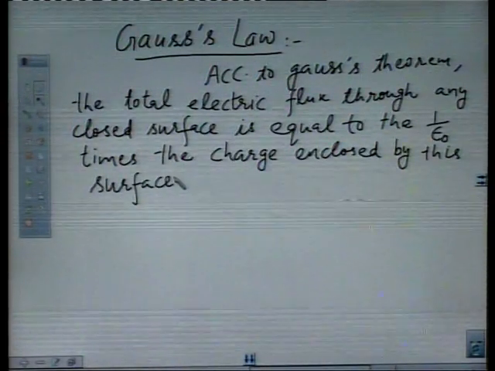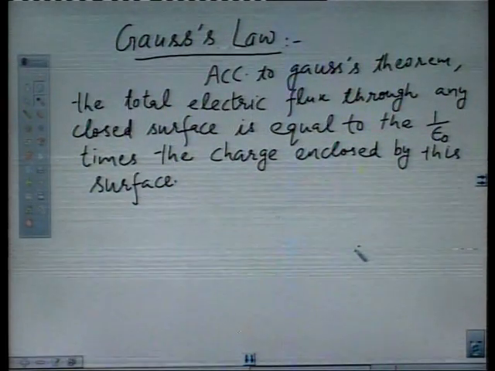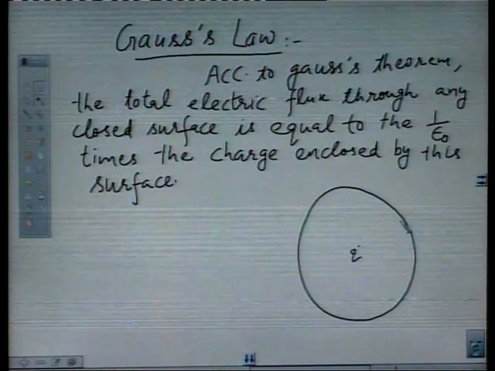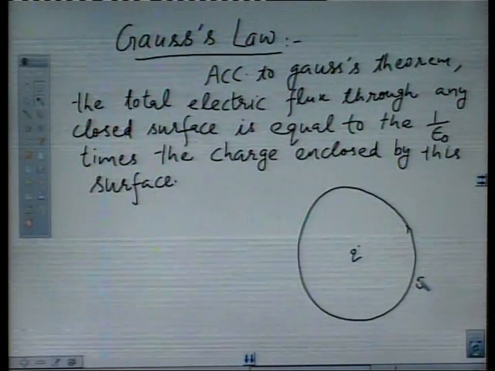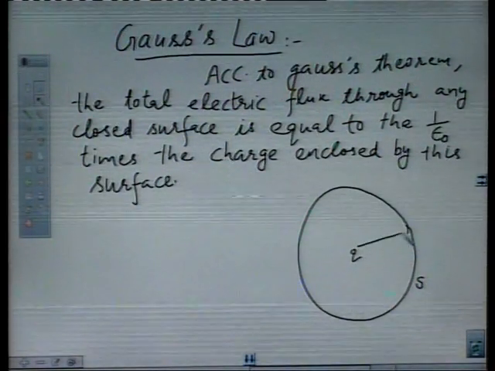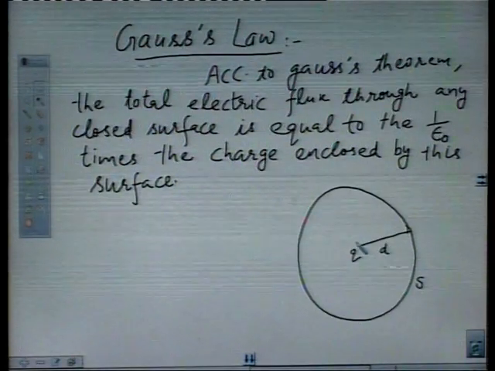Now, let us explain this. Suppose we have a charge q which is enclosed in a given surface whose surface area is S and its radius is, let us say, d.